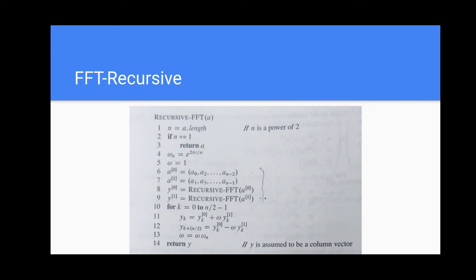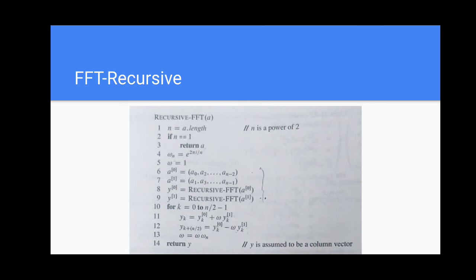Then we recursively compute the recursive FFT of the even numbered coefficients and the odd numbered coefficients, which we have divided as already discussed. Now this combination is the one which we are going to perform. After computing y0 and y1, we need to combine them. How do we compute?